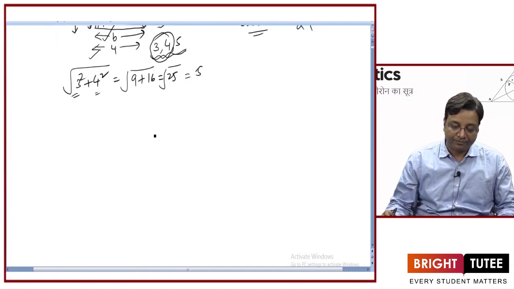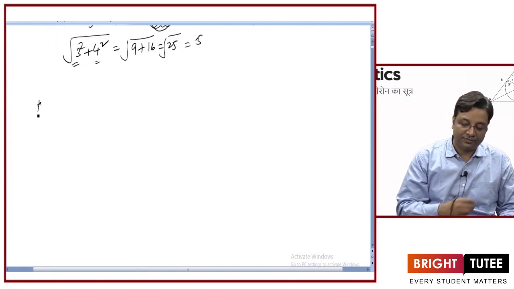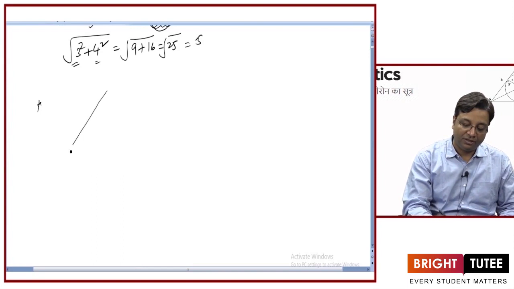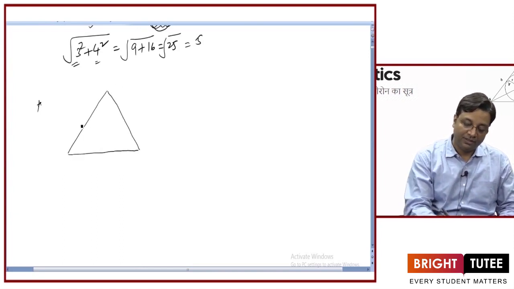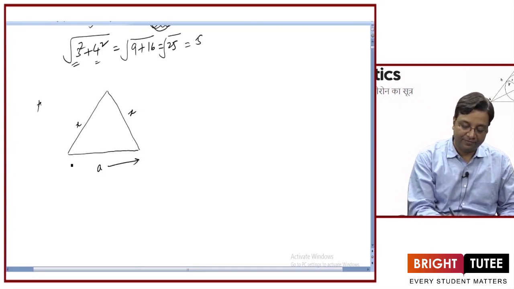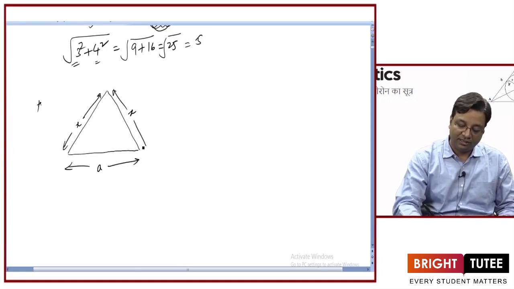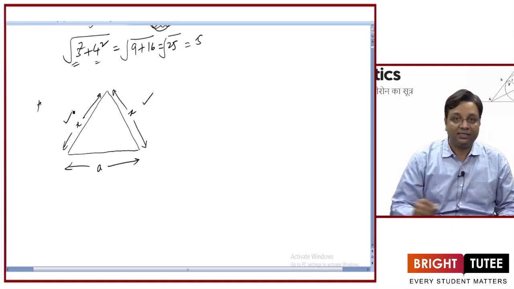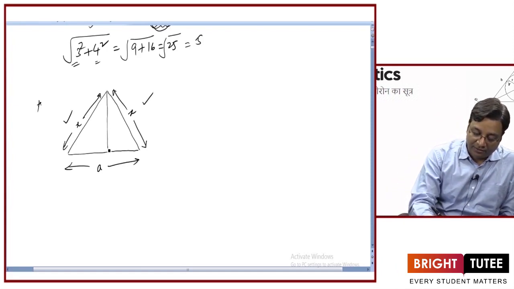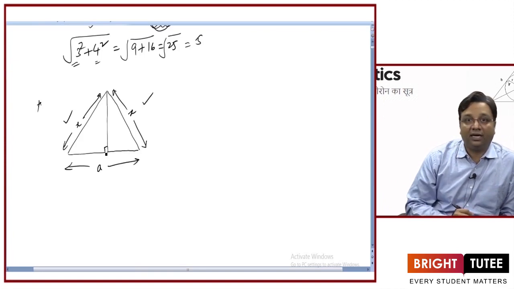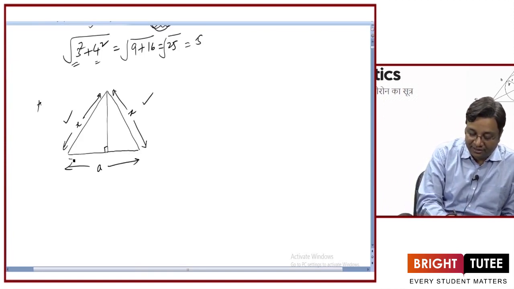Another triangle, let us say we have got an isosceles triangle. This is x, and let us say this is a. This is an isosceles triangle where I have taken these two sides as equal. If I drop a perpendicular in an isosceles triangle, it divides this side in two halves.